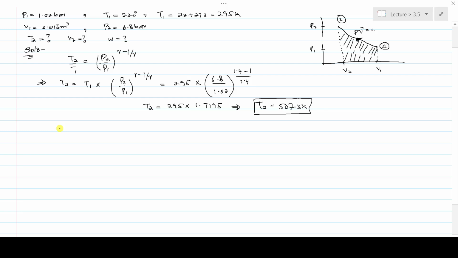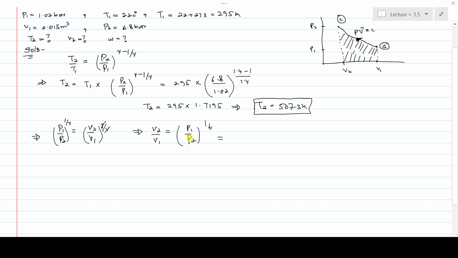There is adiabatic compression, so the relationship between the pressure and volumes of the initial and final state is P1 divided by P2 equals V2 divided by V1 to the power gamma. Take the gamma root on both sides, so this will cancel out with this, and you will get V2 divided by V1 equal to P1 divided by P2 to the power 1 over gamma.